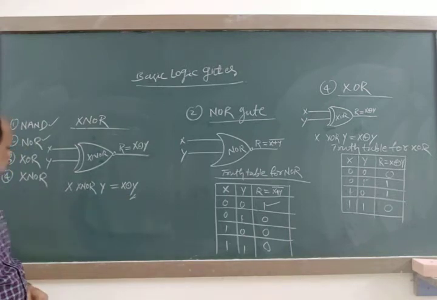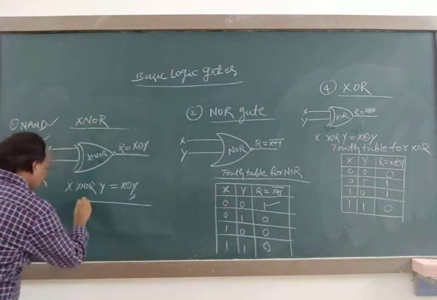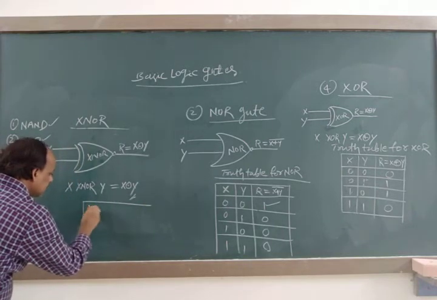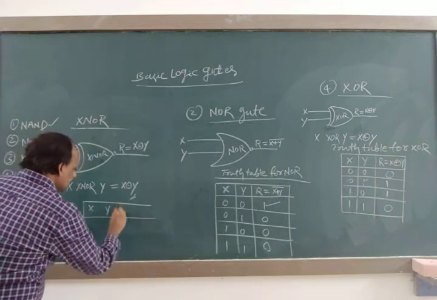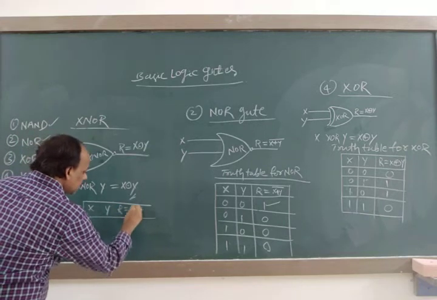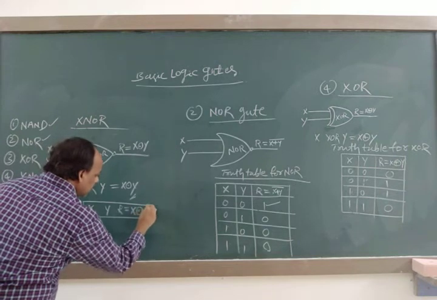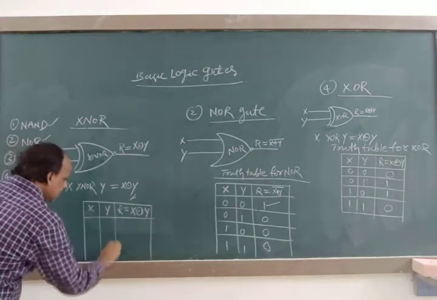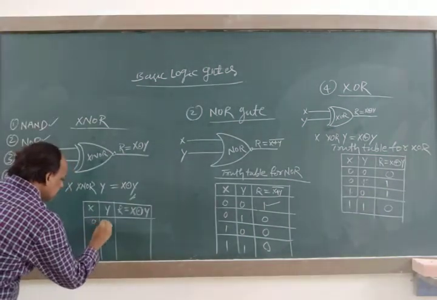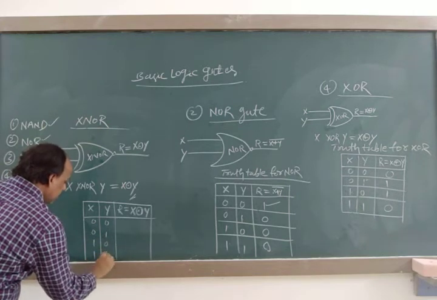Now see the truth table. X and Y are inputs, the resultant expression is X dot over circle Y. Two variables means 4 combinations: 0 0, 0 1, 1 0, 1 1.